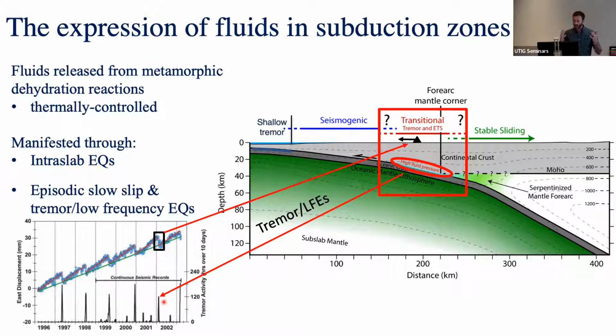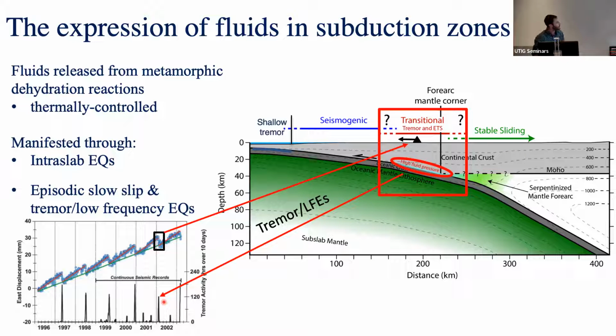But if we look at this increased noise on an array of stations, we see that this is actually a coherent signal generated from failure, we think, near the plate interface, and we call this signal non-volcanic tremor. Now, some people think this non-volcanic tremor is composed of a lot of very small low-frequency earthquakes.